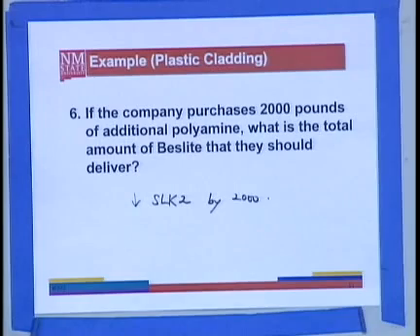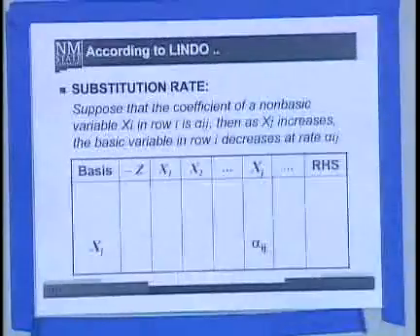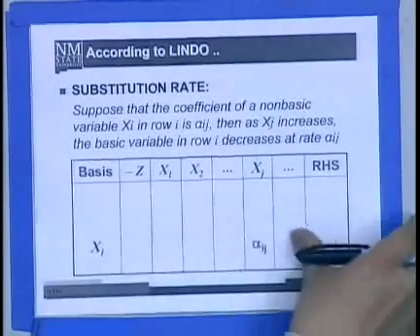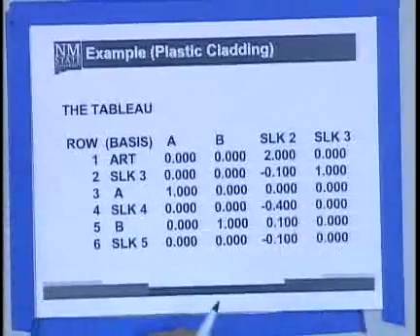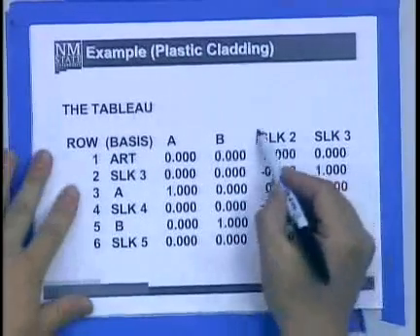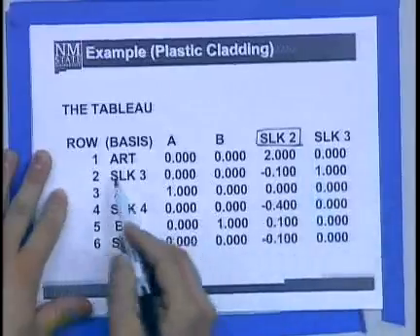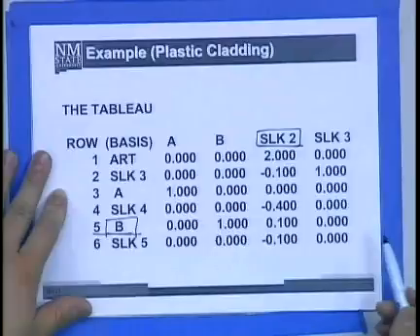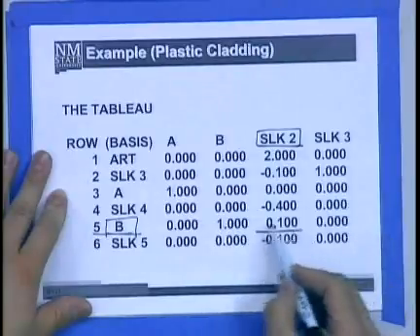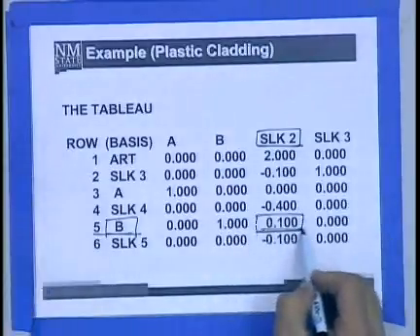You have to keep this in mind. Okay, then what is next? We need to look at the substitution rate, right? According to the substitution rate of slack 2 for bakelite, it is 0.1.